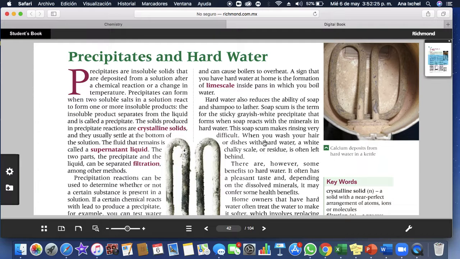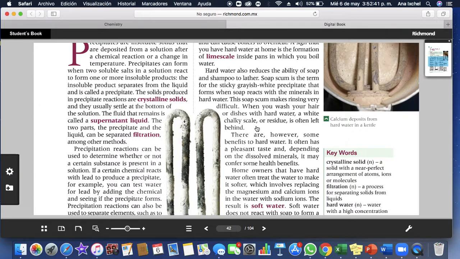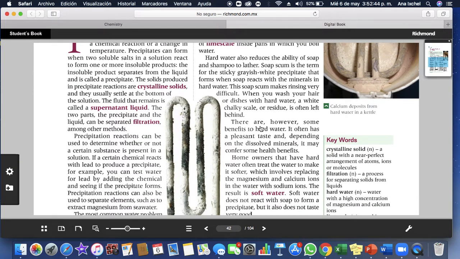Another sign that you have hard water at home is the formation of lime scale inside pans in which you boil water. Hard water also reduces the ability of soap and shampoo to lather. Soap scum is the term for the sticky, grayish white precipitate that forms when soap reacts with the minerals in hard water.